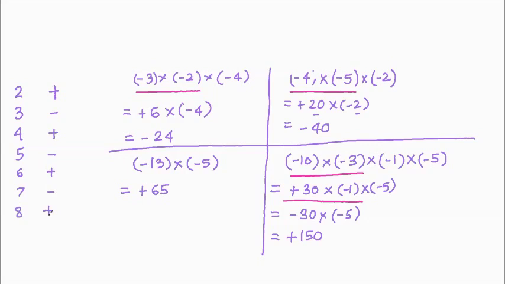And the pattern here is, if I have an even number of negative numbers, I get positive sign. The result gets positive sign. And when I have an odd number of negative multipliers, I get negative sign for the answer.